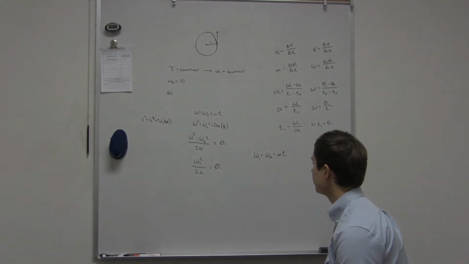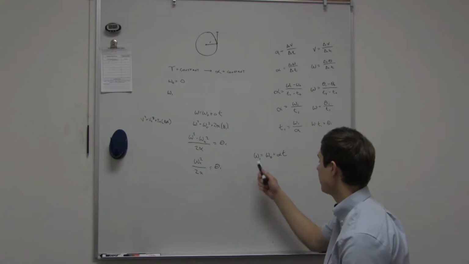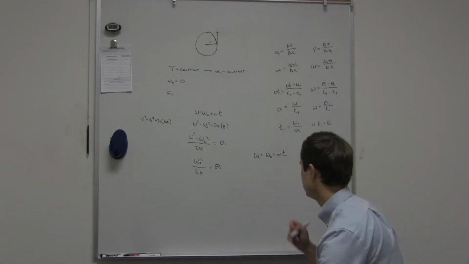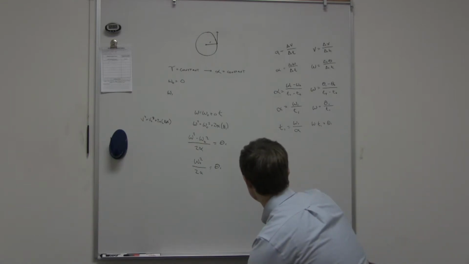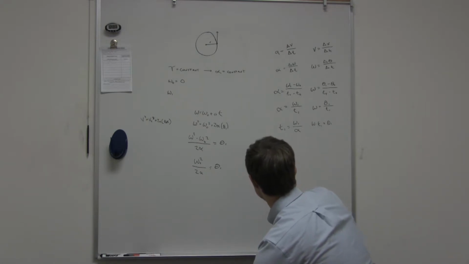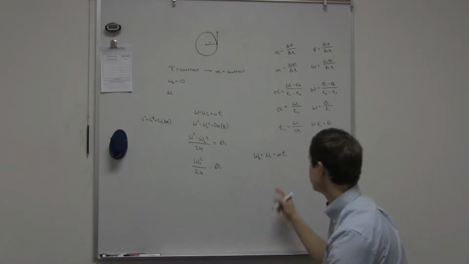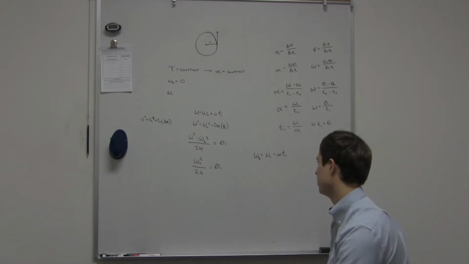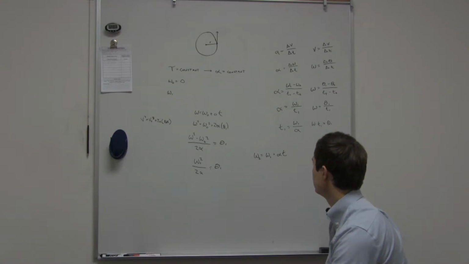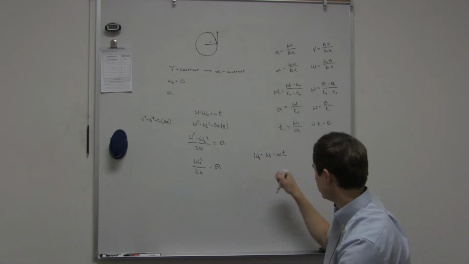So in this case, our final velocity, so our final omega that we're trying to get to is 0, because we want to slow it down to a stop. So really, to keep it consistent with what we've already done, this would probably be omega 2, this is omega 1. So this is the speed that we had gotten up to in part A and B. But now we want to drop down from whatever that speed was, and we want to go to 0.